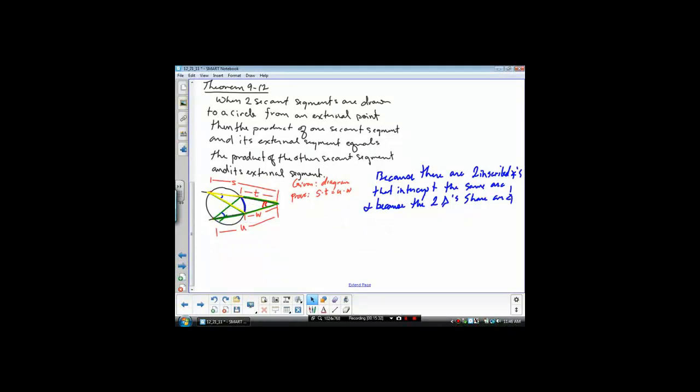There we go. So the triangles are similar by angle similarity. Now we can say the ratio of corresponding sides will be in proportion.